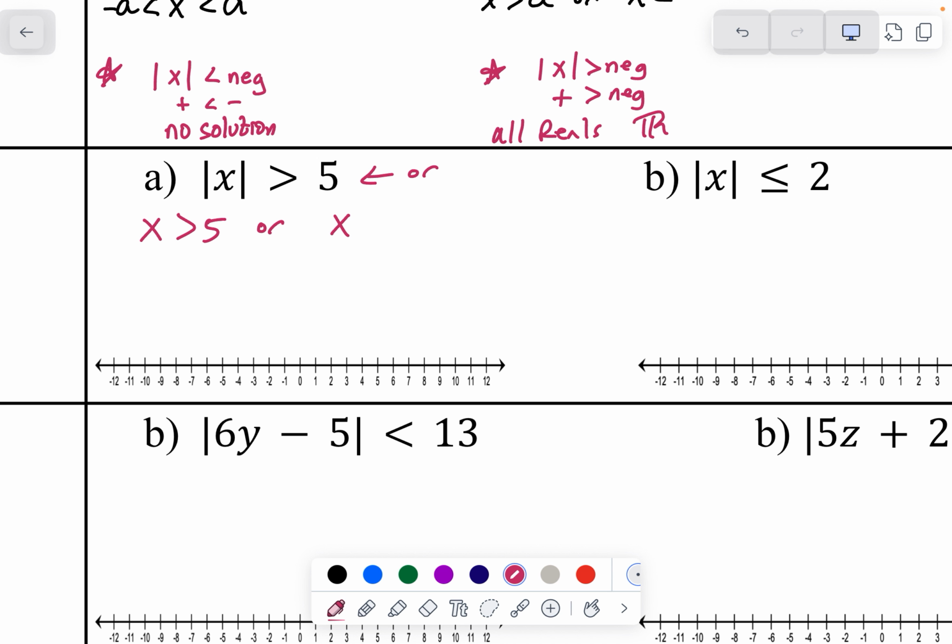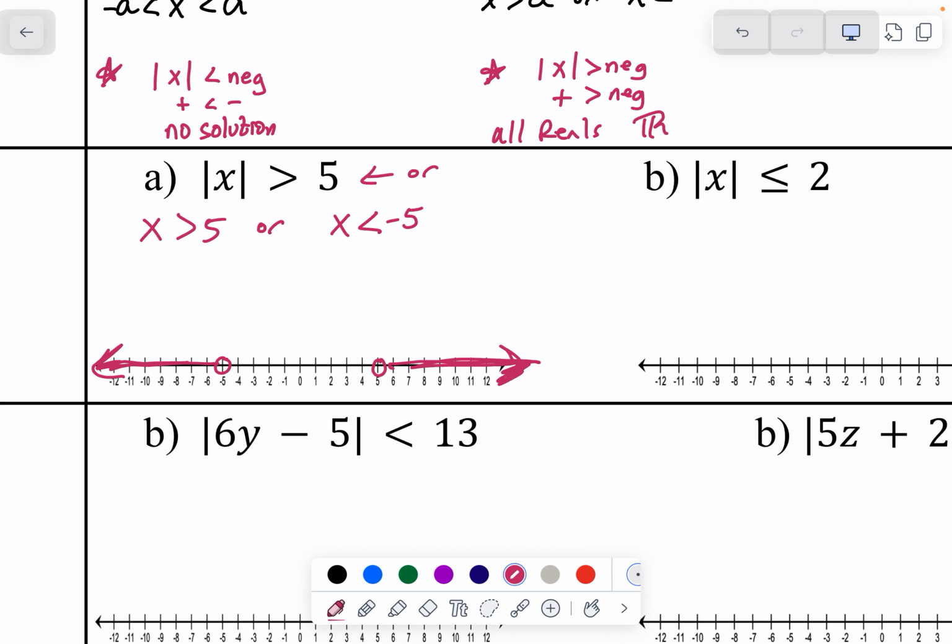So it becomes a less than, because that flips, and it becomes a negative, because that flips. And then if there was math to do, we would do math. But this one is a pretty simple version. And so at 5, we would have open, shade to the right. At negative 5, we would have open, and less than would shade to the left.